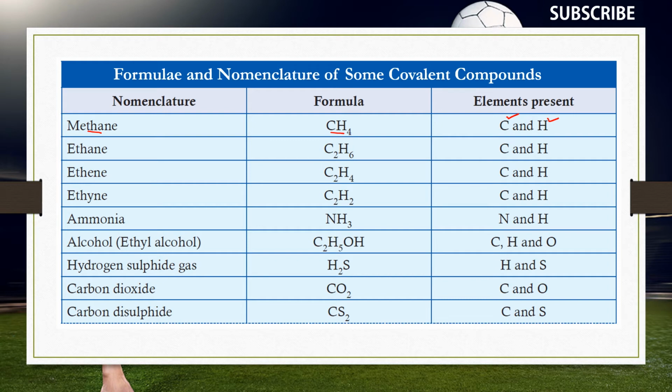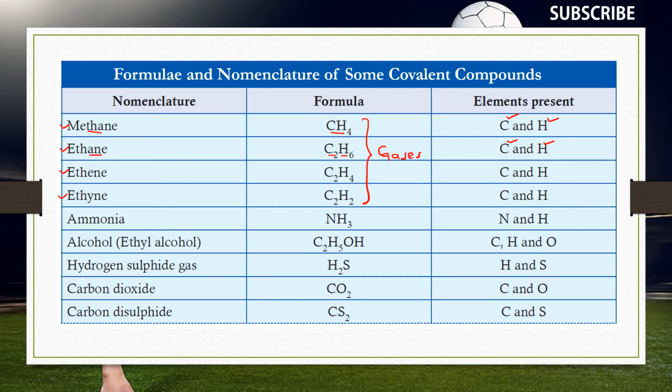When you look at ethane, 2 carbon atoms and 6 hydrogen atoms, they are also nonmetals. So one thing you realize is that most of these organic compounds, from methane, ethane, ethene, and ethyne, all these are covalent, and you'll realize they're actually gases.